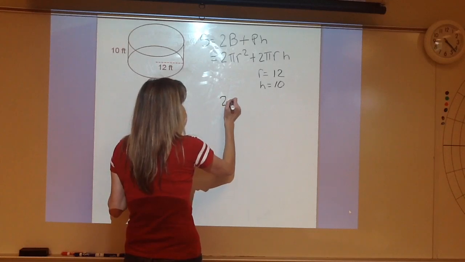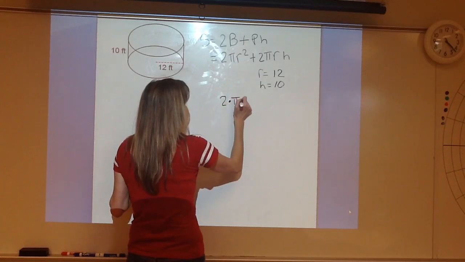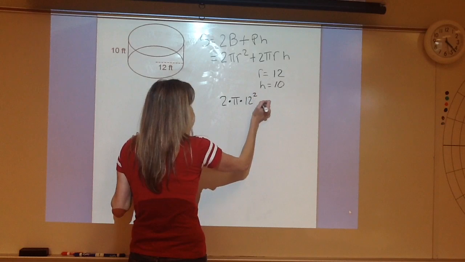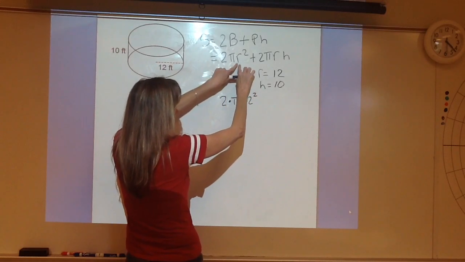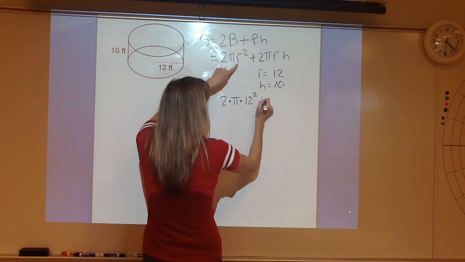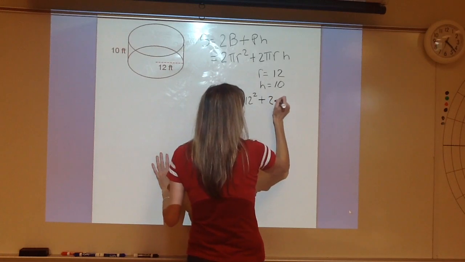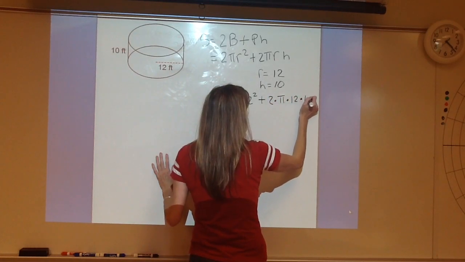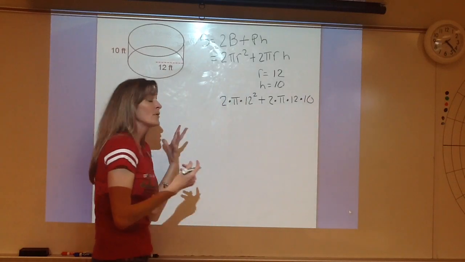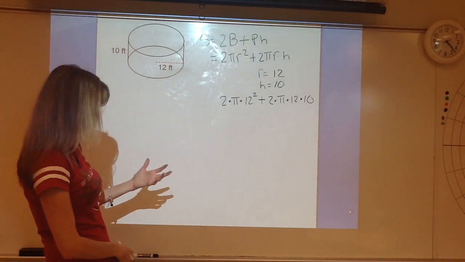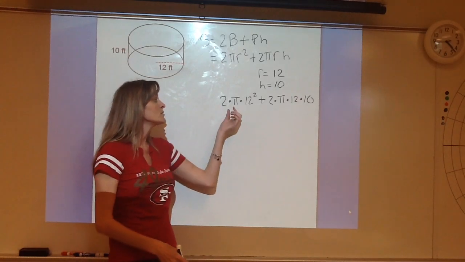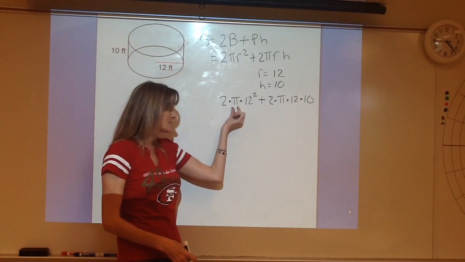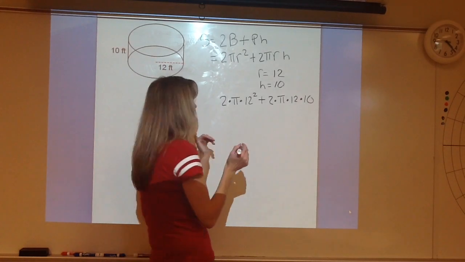So I got 2 times pi times 12 squared. 2 times pi times the radius squared, my radius is 12, plus 2 times pi times 12 times 10. Now, if I'm leaving in terms of pi, I am not going to put a number in place of pi. I'm just going to kind of ignore it for right now.